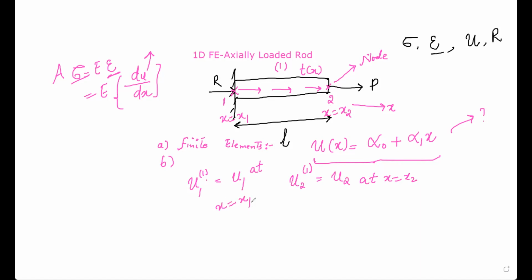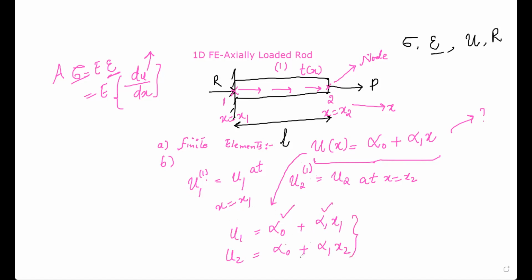Now as we go ahead and write this equation in terms of u1 and u2, we write u1 is equal to alpha naught plus alpha 1 x1, and u2 is equal to alpha naught plus alpha 1 x2. From these two equations, let's calculate the values of alpha naught and alpha 1.